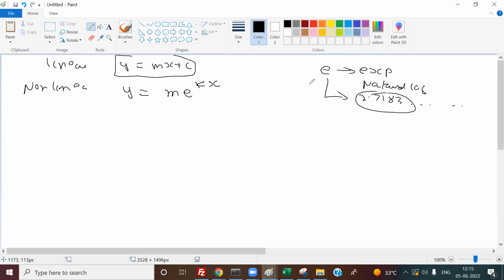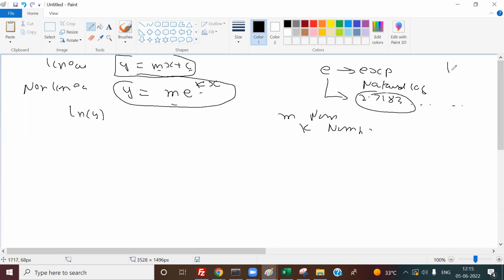And what is m? M is a number. What is k? K is again a number. So, for example, your m is mapped to your m, and this c is mapped to your k. C भी एक number था, k is also a number. Now, this is your exponential relationship. I will take a log on both the sides. ln y.